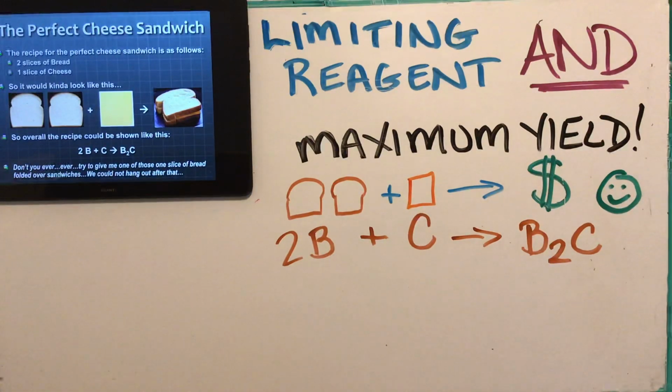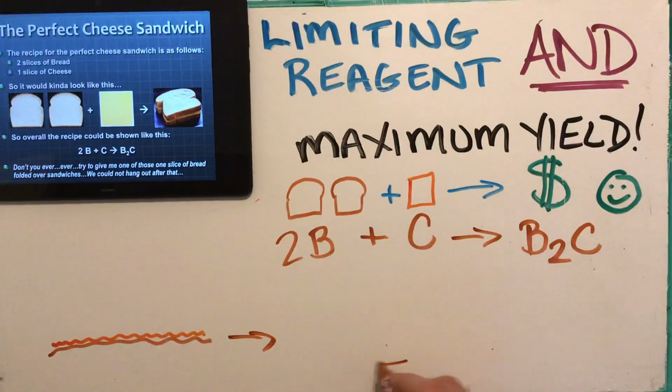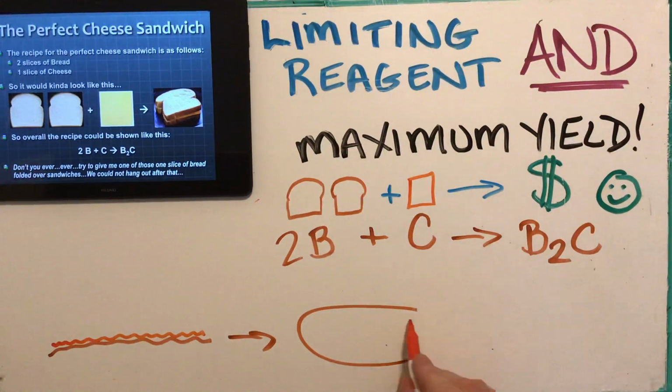And for those of you out there, some people will take 1 slice of bread, and then they take the 1 slice of cheese, and they put that, and then they pull this little piece of magic right here. They fold the bread over like that, the single piece of bread and a single piece of cheese, and they say, that's a sandwich.